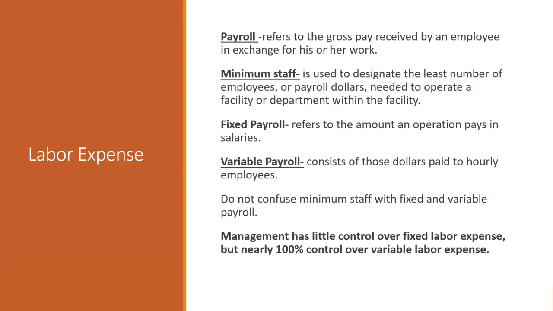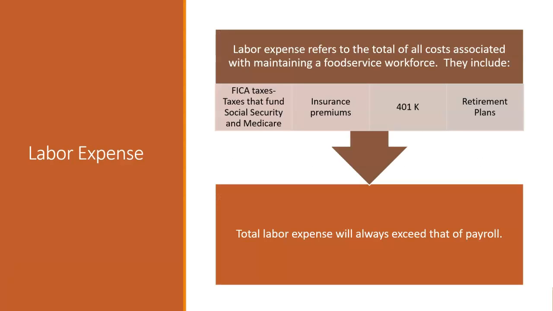But later on, if we hire them at $80,000, we have to pay them $80,000 per paycheck, whatever that calculates out to. Variable payroll, we have a lot of control over. This is actually the amount that we pay out in hourly. So whether I schedule 3 people to work or 2 people to work, that's going to definitely affect how much I have to pay out in variable payroll. So very different as far as management, where that comes out of.